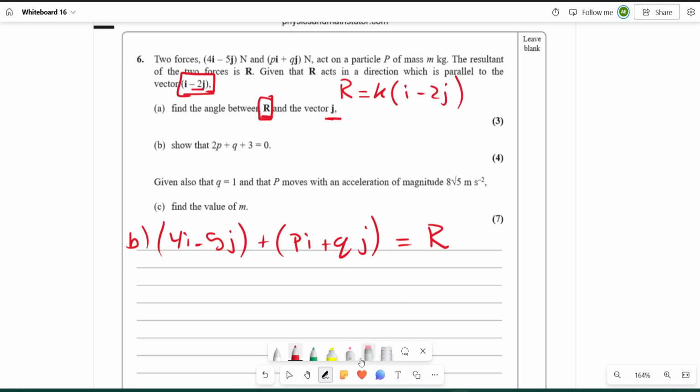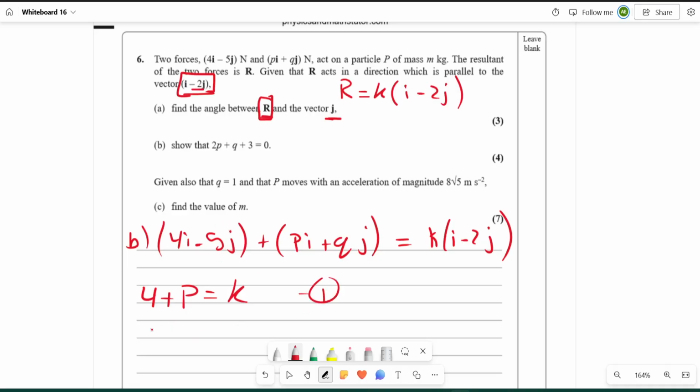So let's call this k into i minus 2j, right? Over here, the i component plus this i component should equal this i component. So 4 plus p should equal k times 1, or k. This is my first equation.